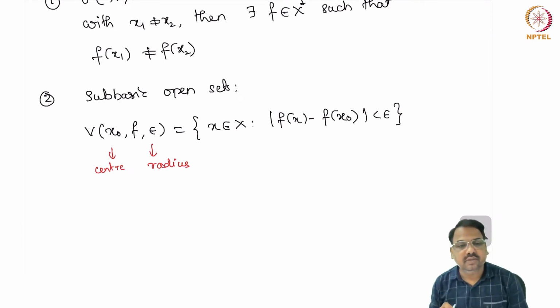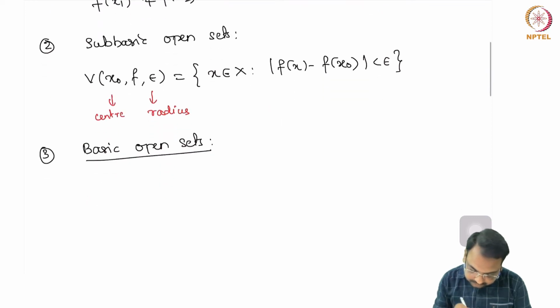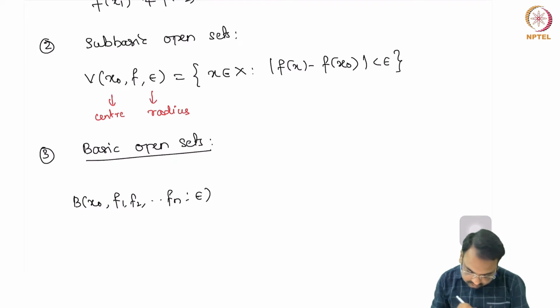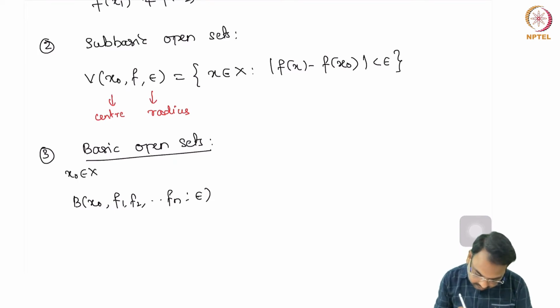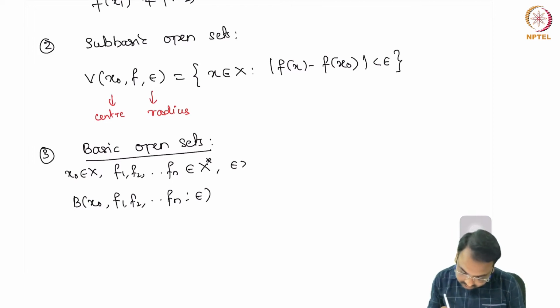Then we can get the basic open sets, which are finite intersections of sub-basic open sets. So basic open sets are of the following form: B(x naught, f1, f2, so on, fn, epsilon). Here x naught is an element of X, f1, f2, so on, fn are bounded linear functionals on X, and epsilon is positive.